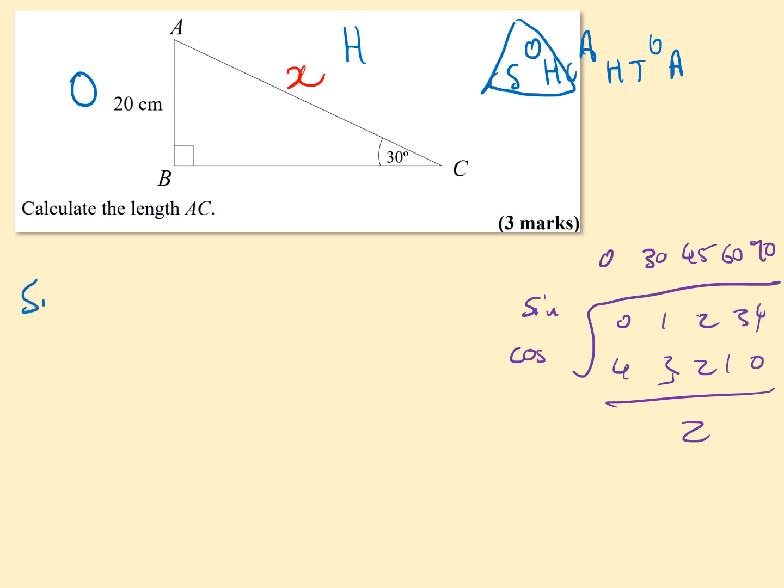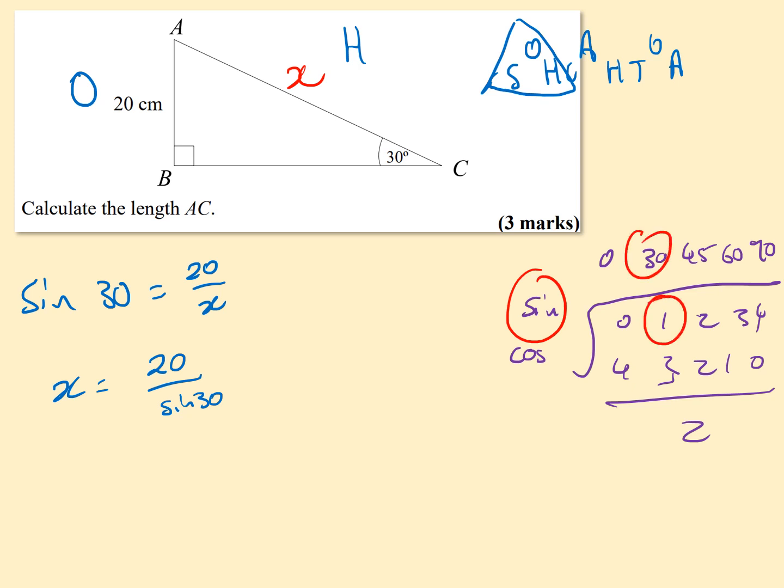The sine of 30 is equal to the opposite, 20, over the hypotenuse, which is x. Or in the rearranged version, x is 20 divided by sine 30. I know from what I just did that sine of 30 is the square root of 1 over 2. So this becomes 20 divided by 1/2, which is the same as doing 20 times 2, which is 40.